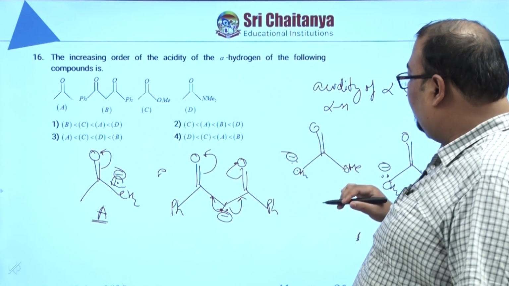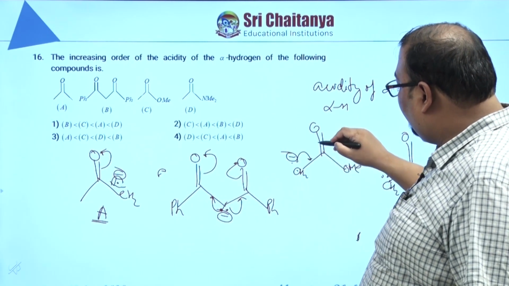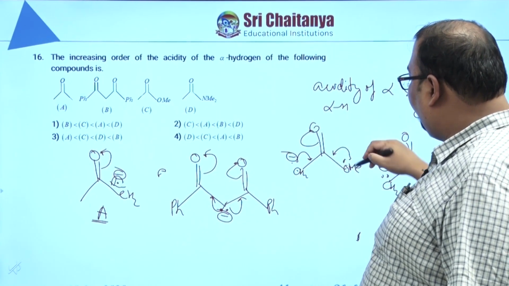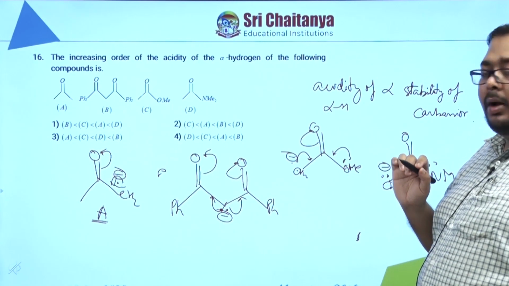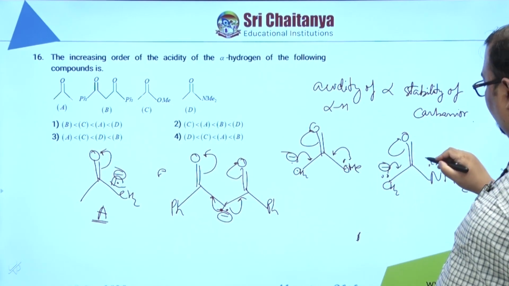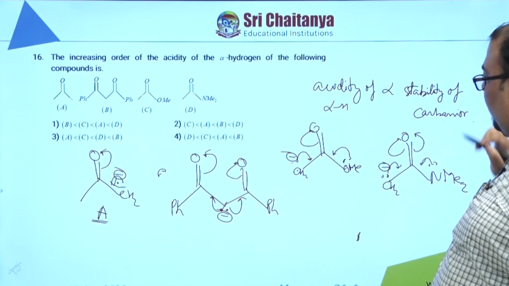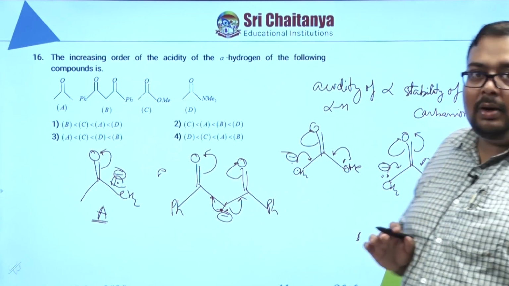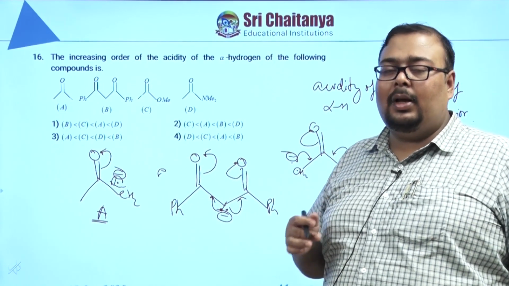In this case, I can only delocalize it like this, but you see here there is a cross conjugation from oxygen lone pair also. And in this case, you can delocalize it like this, but then there is a cross conjugation from nitrogen lone pair.